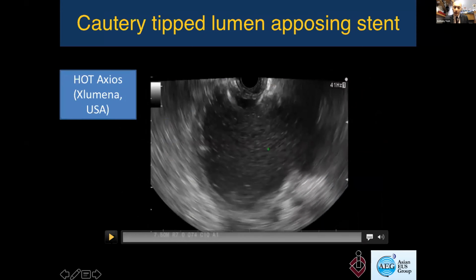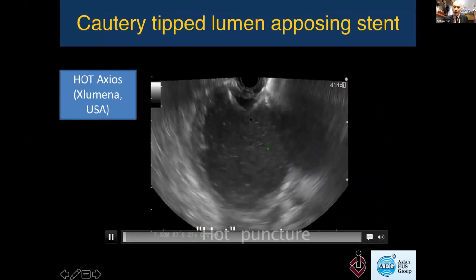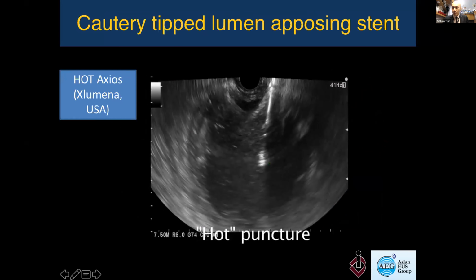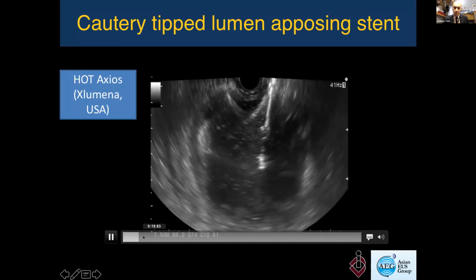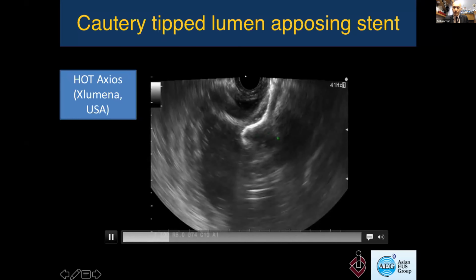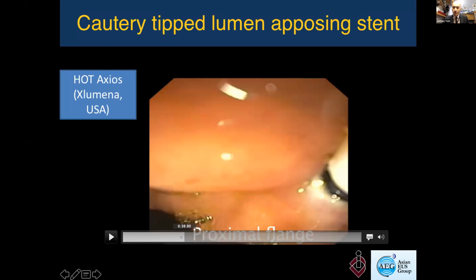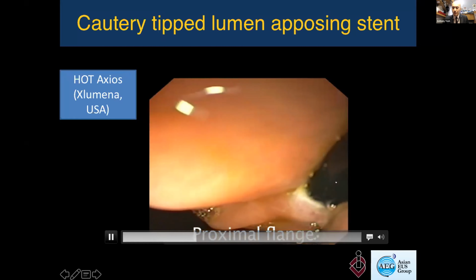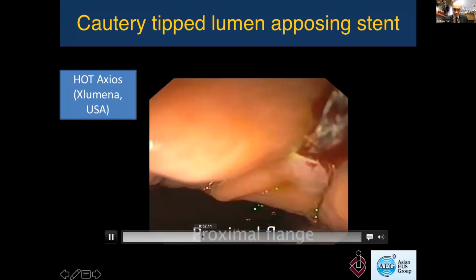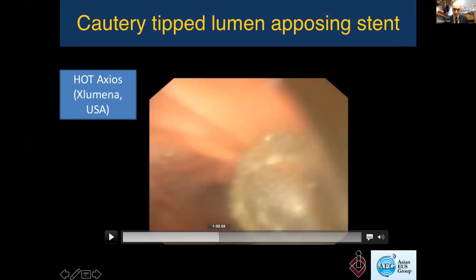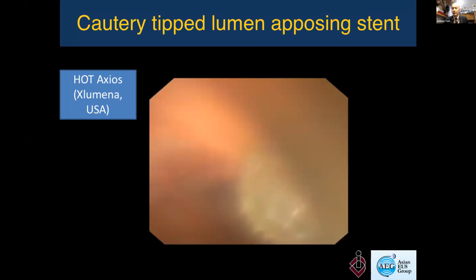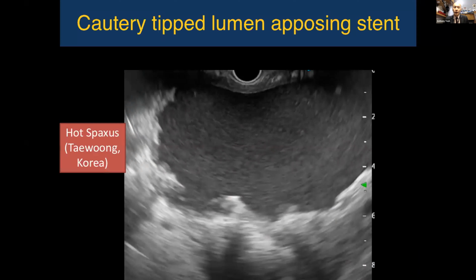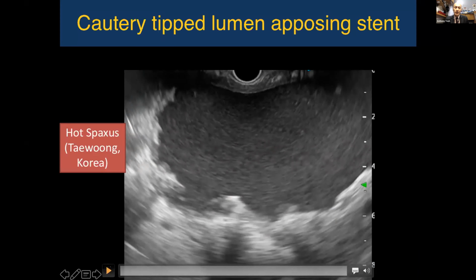And with the hot Axios, you can do a direct puncture, followed by opening of the stent. Opening of the distal flange, followed by opening of the proximal flange. And then complete deployment. With all these, this is another one, which is a hot Spaxus.